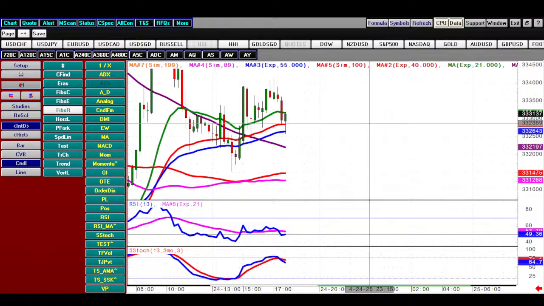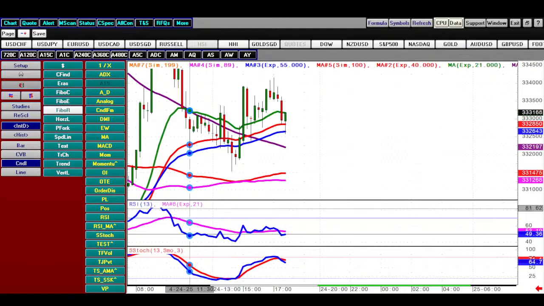Okay, so here we don't have any order filled, so we are waiting for a sell on the euro, sell on the pound, buy on the dollar yen.